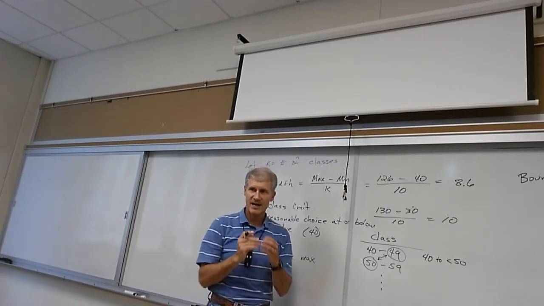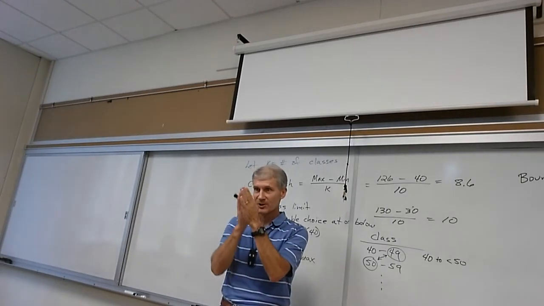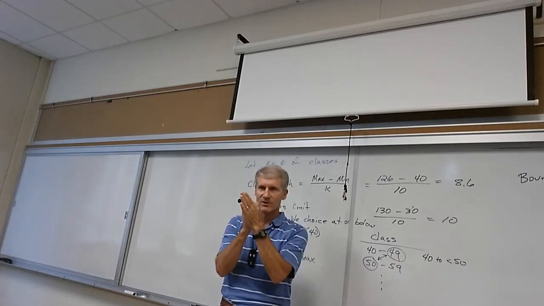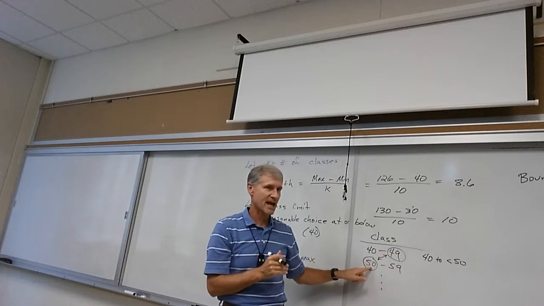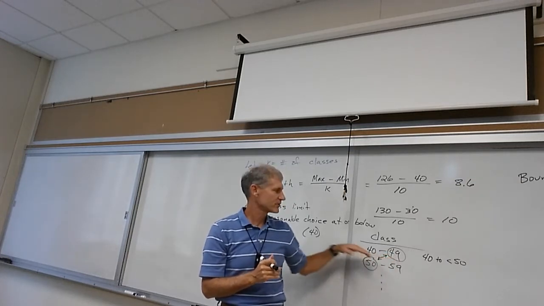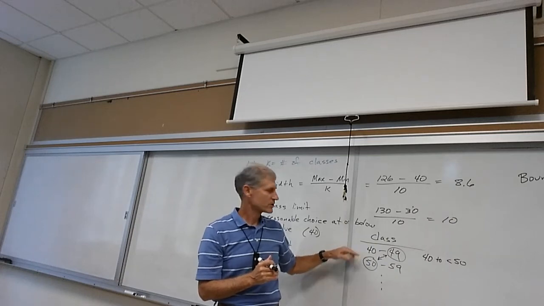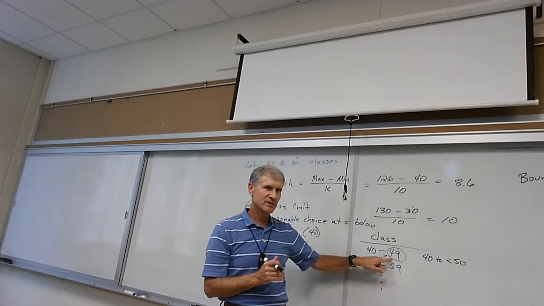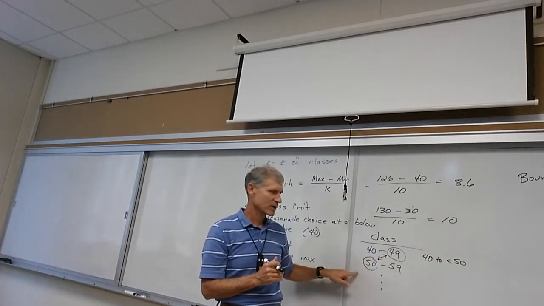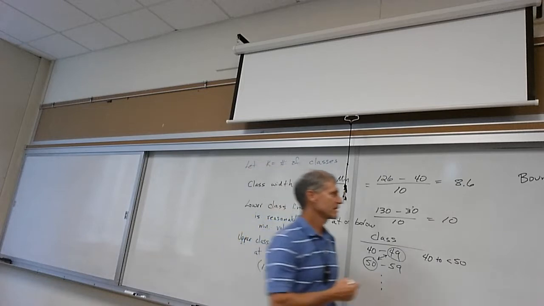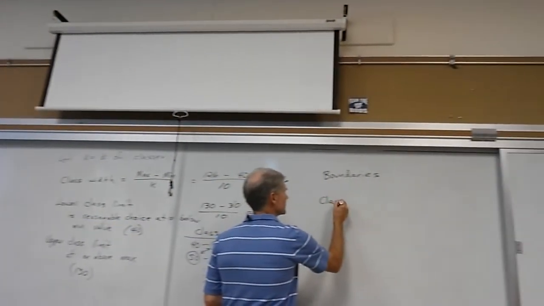So it's a number that your data can't be, so it's going to break right at that value. So anything above 49.5 goes into the next class above. Anything less than 49.5 goes into this class. So it's just halfway between the upper limit of one class and the lower limit of the next class after that. Class boundary.